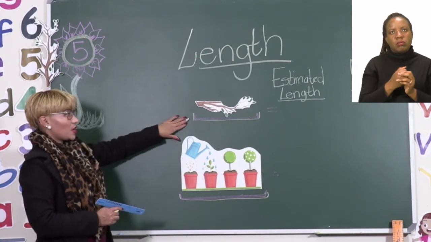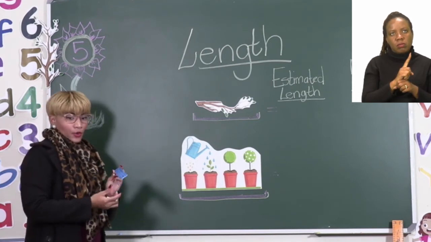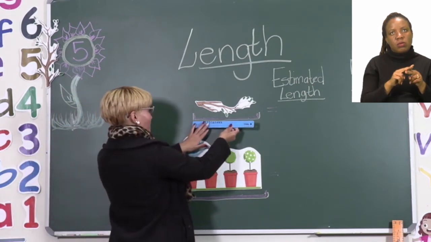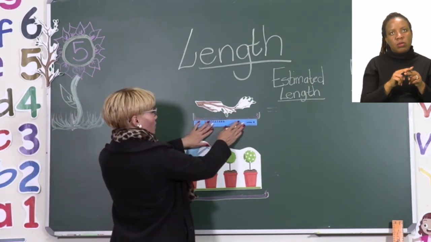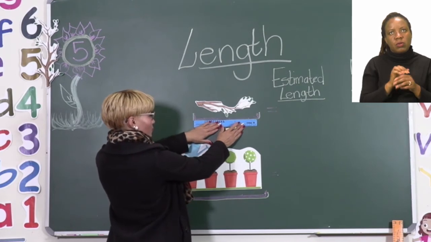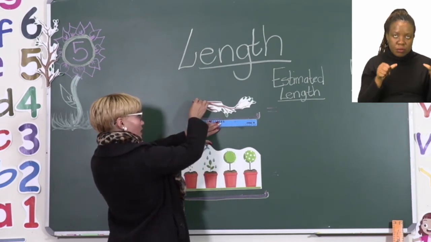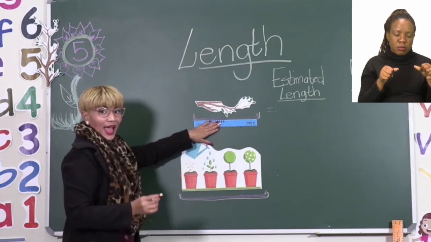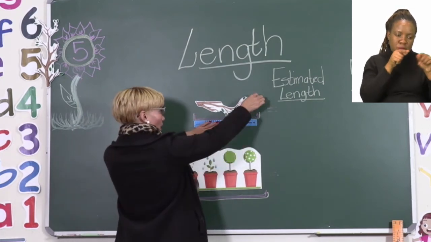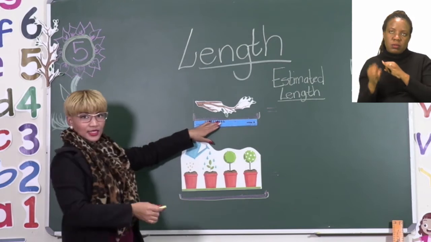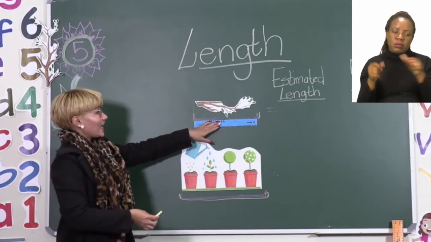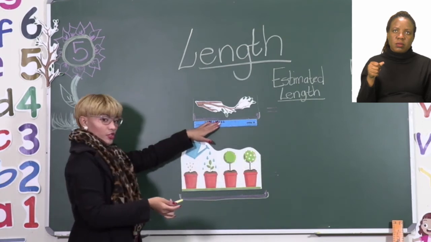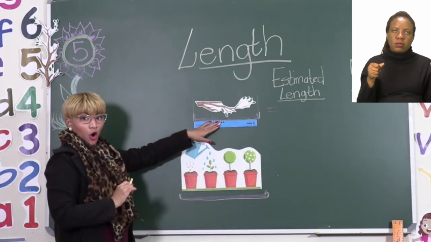So the first object, our branch, we have to take the ruler and measure it. What you are going to do is put your ruler down and indicate where your object starts and then look at where your object ends. Then you measure the line which is given to you at the bottom of the object.